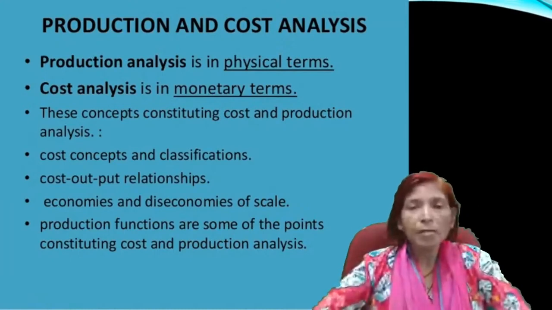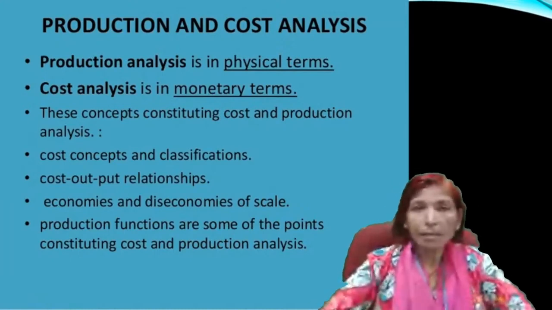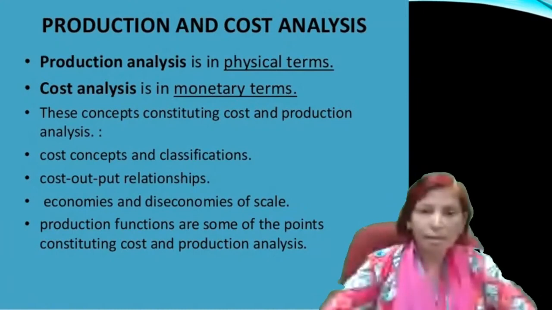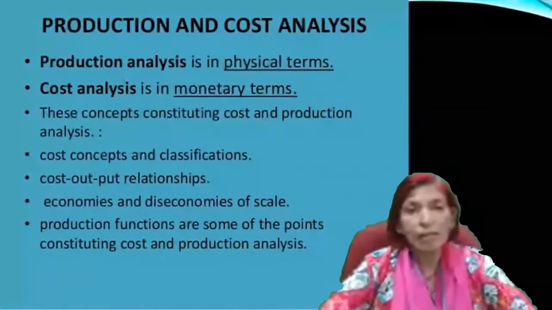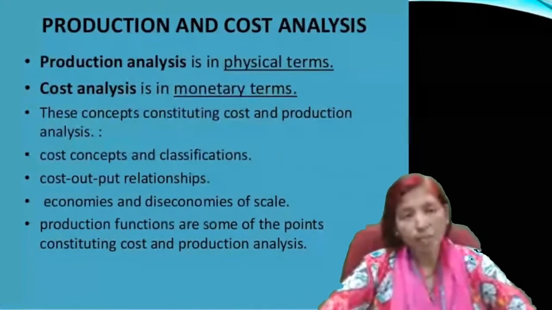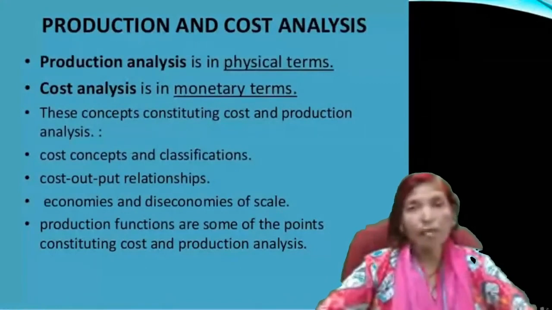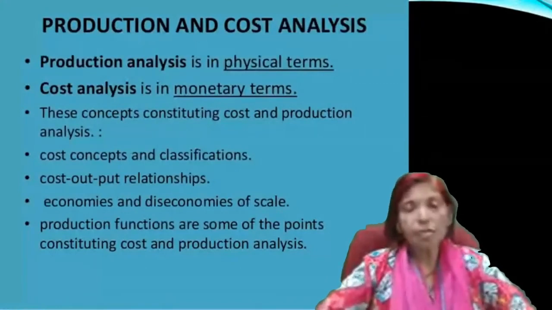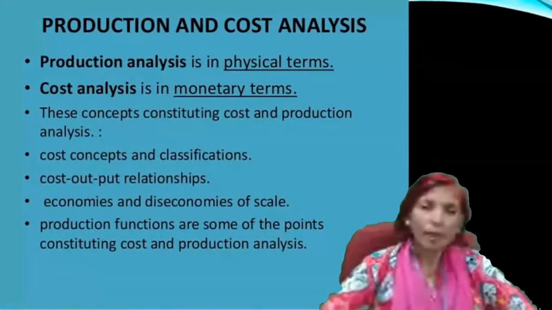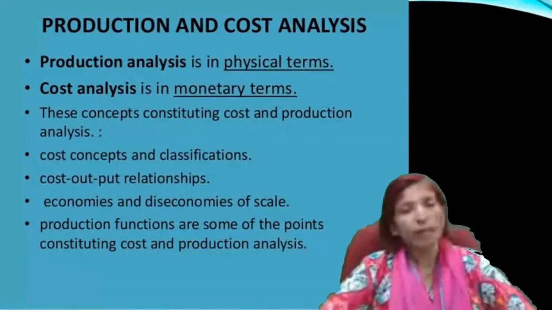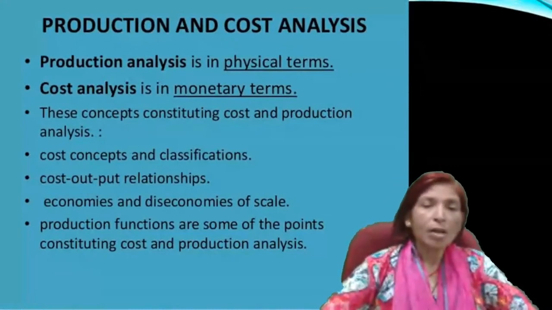What expenses incurred in the production of goods and services? Cost. So cost analysis is monetary terms, and production analysis is related with physical term, in which we can see, we can touch any produced goods and services.